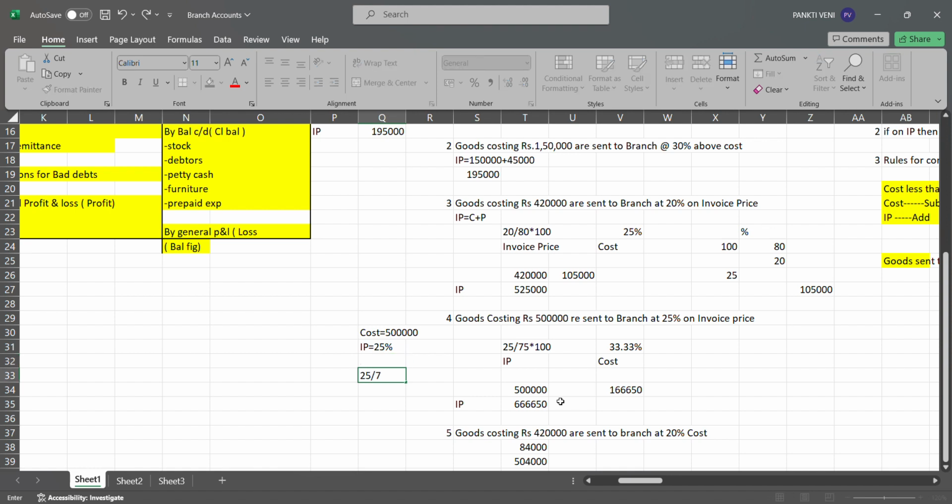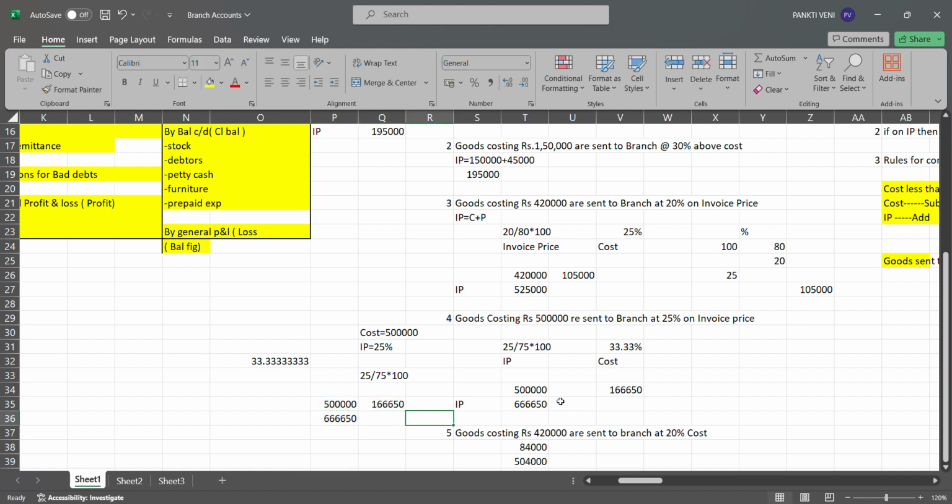So 25 divided by 75 into 100 gives 33.33 percent. So 5 lakhs into 33.33 percent gives me 1,66,650. If I add that, I'll get 5 lakhs.